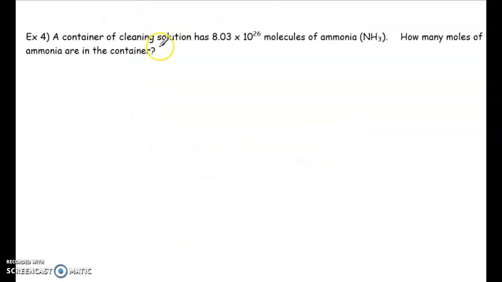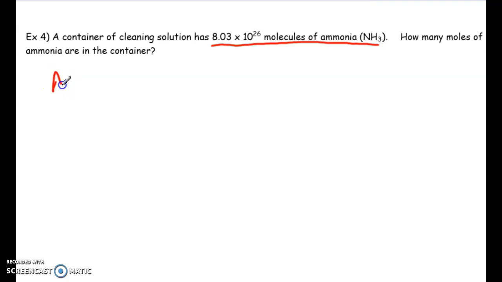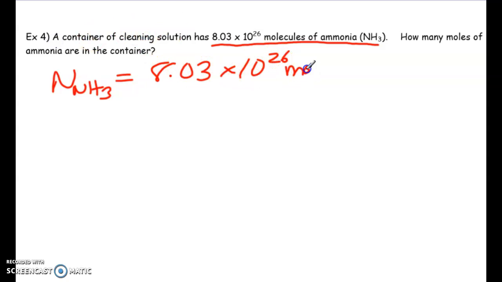We have a cleaning solution in a container that has this many molecules of ammonia. How many moles are in the container? Okay, so let's take a look. We have N for NH3 is equal to 8.03 times 10 to the 26 molecules.